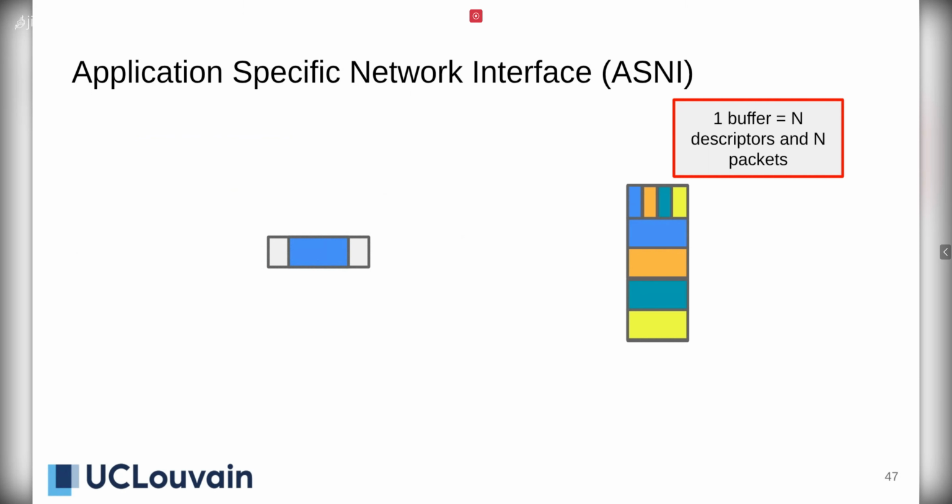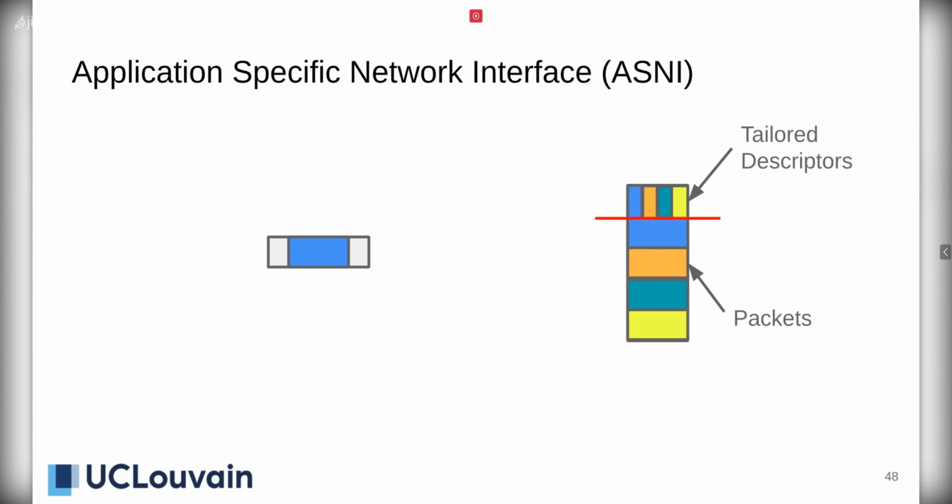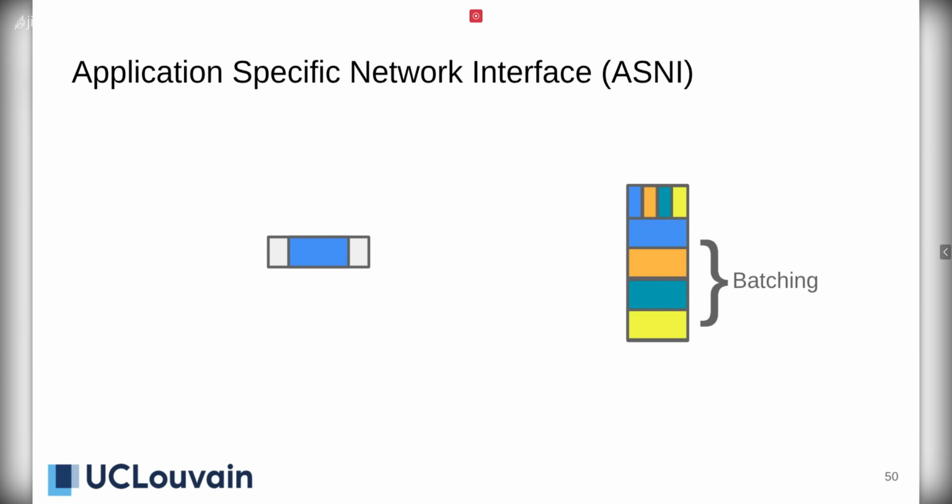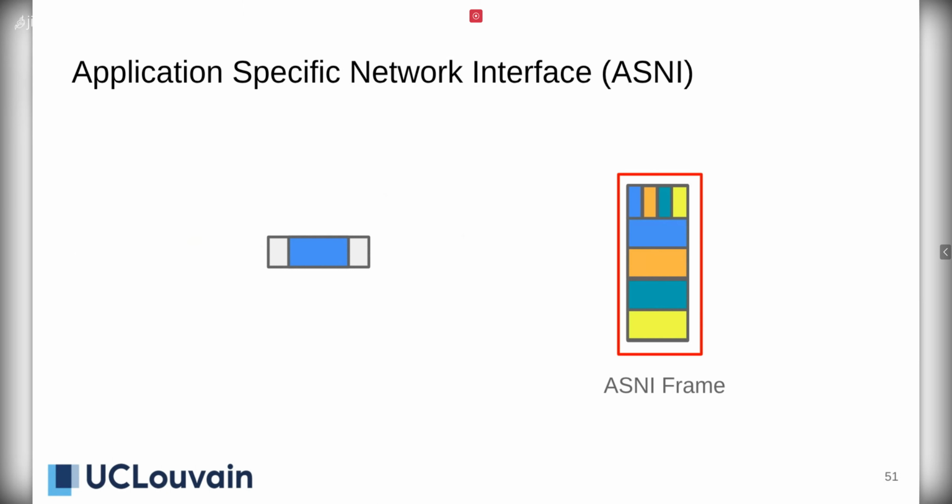With ASNI, we still use individual buffers like the packetized interface, but instead of one packet equals one buffer, we have one buffer that will contain a batch of descriptors and a batch of packets. In this big buffer, there will be two components. On one side, we'll have the descriptors, and on the other side, we'll have the packets themselves. So we have batching both at the descriptor level and at the packet level itself. And this big frame that contains the descriptors and the payload, we'll call an ASNI frame.